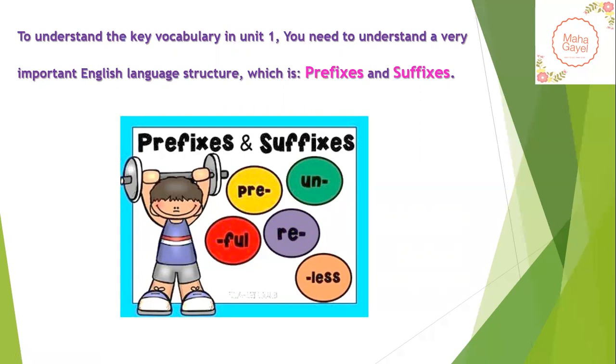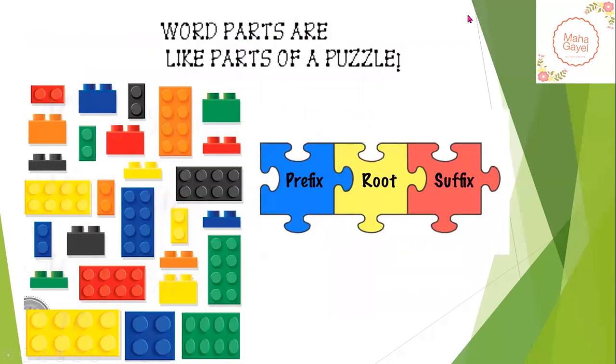To understand the key vocabulary in Unit 1, you need to understand a very important English language structure, which is prefixes and suffixes. You must know something, that word parts in English are like parts of a puzzle.